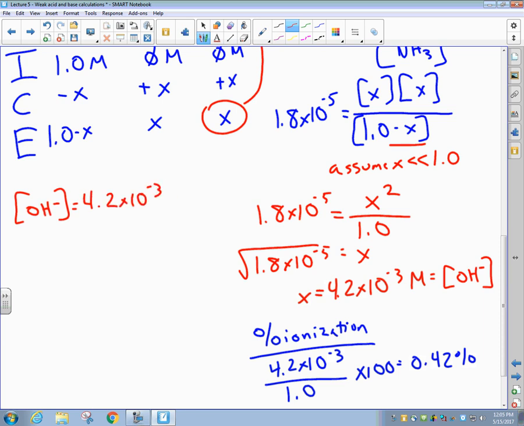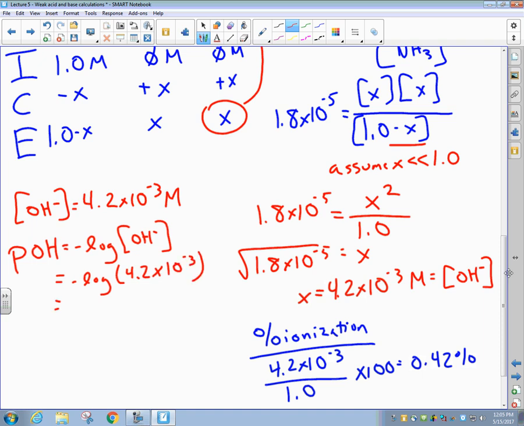At this point now, I'm going to work my way around the square. So POH is going to be the negative log of the OH concentration. That is 2.37. Then pH will be 14 minus POH.